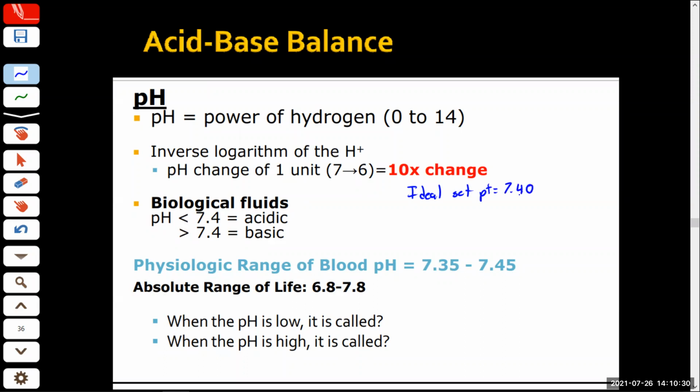We are all at 7.40. 7.0 is exactly in half. So as humans, we are ideally at 7.4. Does that make us slightly basic or slightly acidic? If we're going higher, that's making you basic. Okay, sorry.